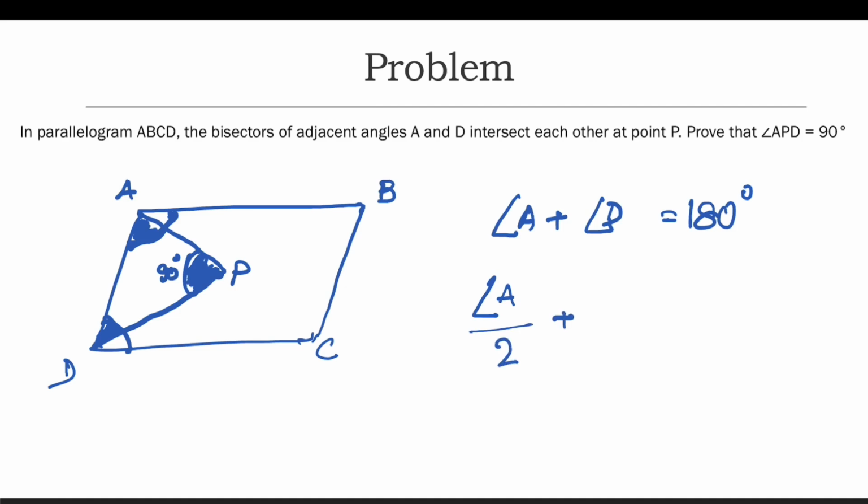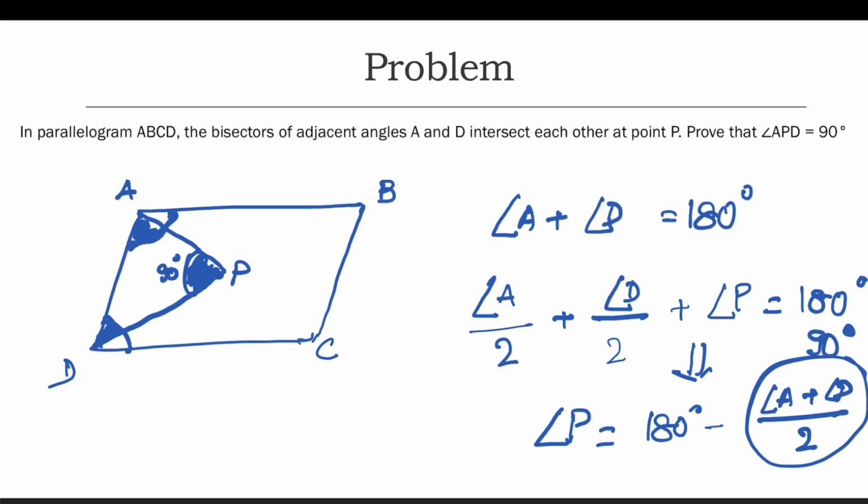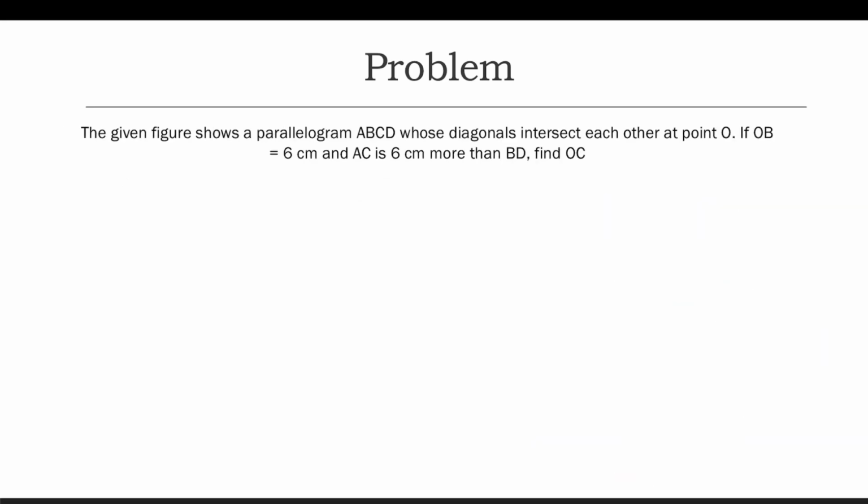So angle A by 2 plus angle D by 2 plus angle P is equal to 180 degree. This is second thing that we know. So if we simply solve this, it will come as angle P equal to 180 degree minus (angle A plus angle D) by 2. This is nothing but 90 degree. So angle P is equal to 90. Clearer? So easy sum. Let's come to the next one.